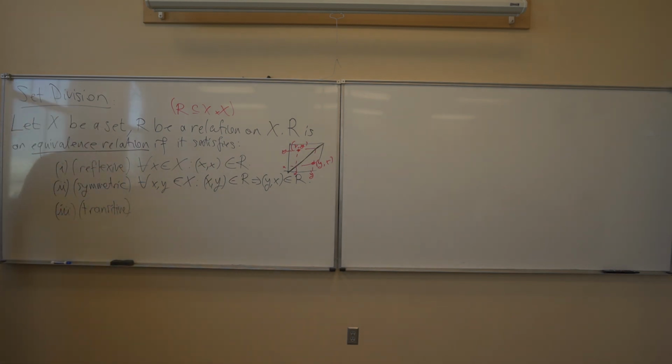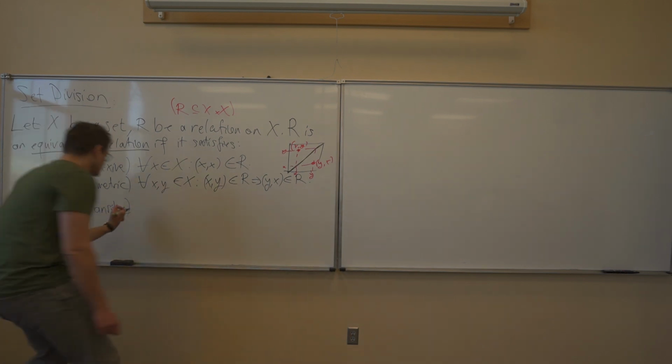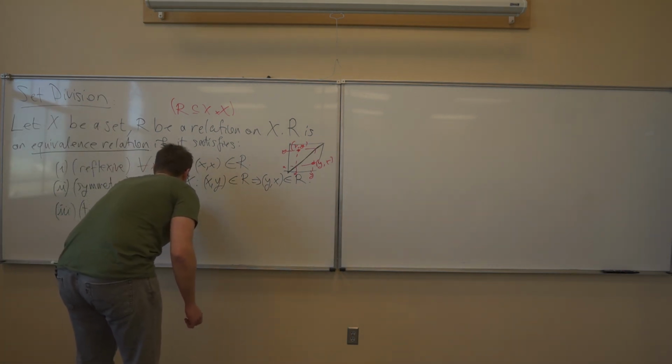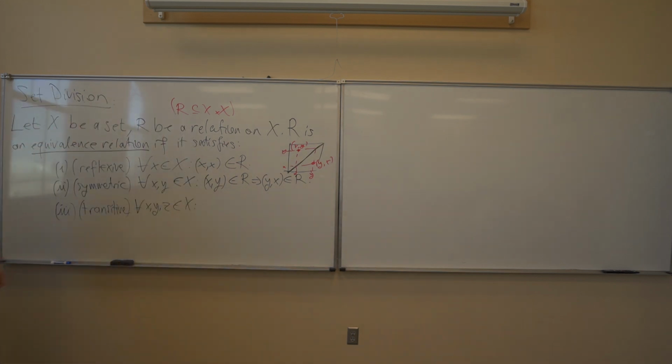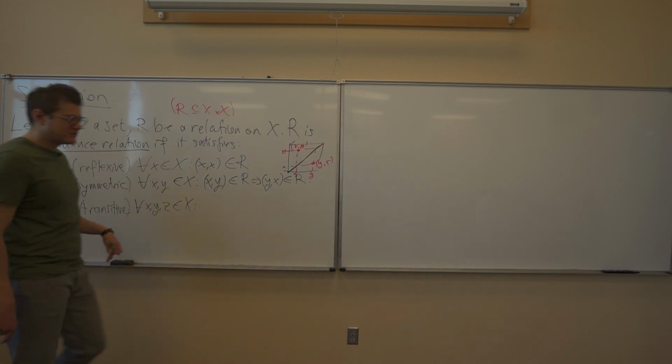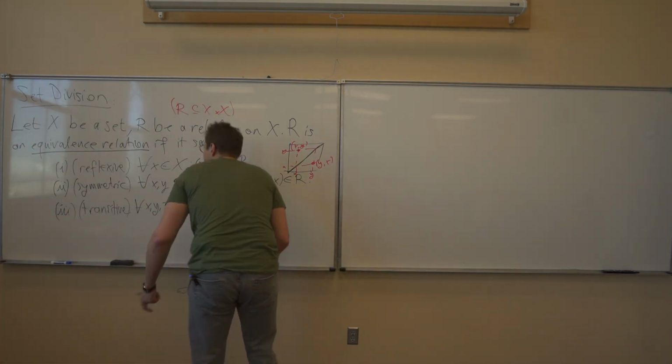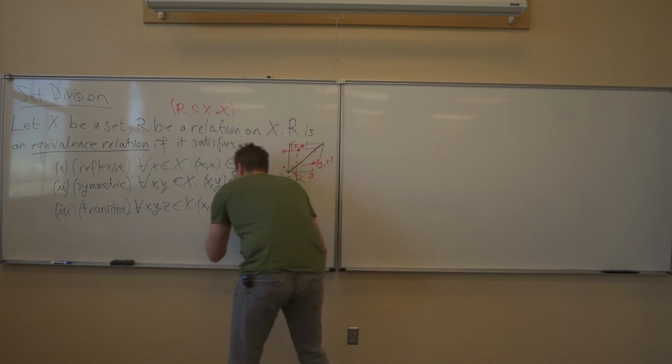For any 3 points x, y, z in X, if x is related to y and y is related to z, I want x to be related to z also. It's almost like less than or equal to, if you want, even though less than or equal to doesn't satisfy the second property.